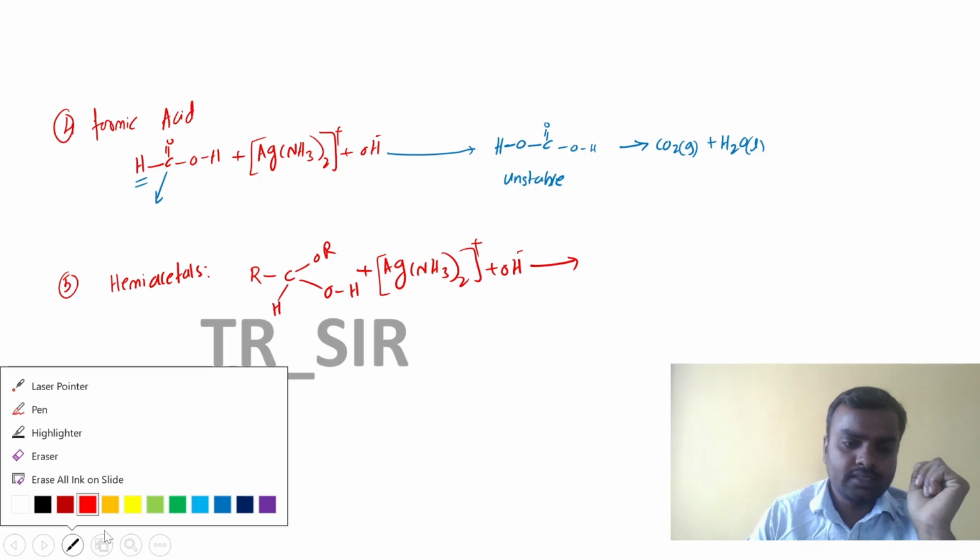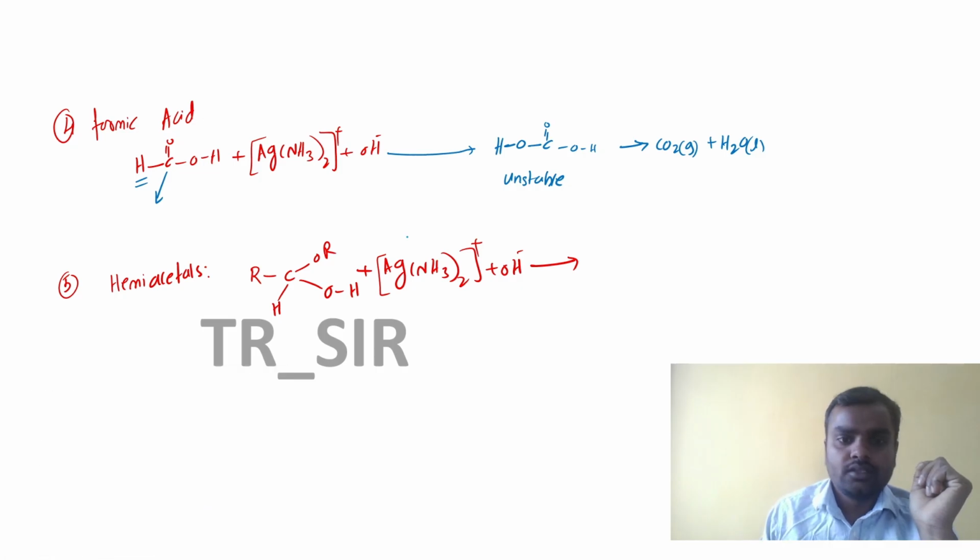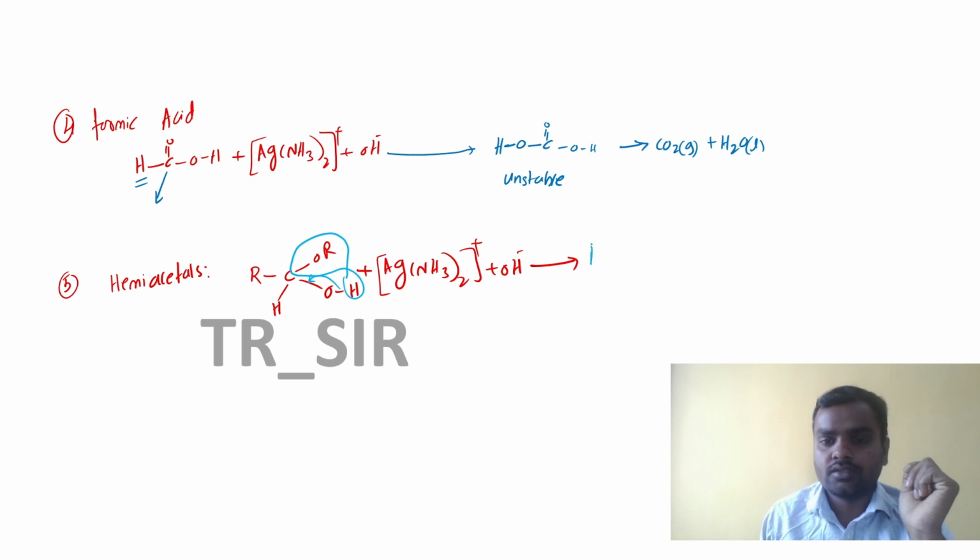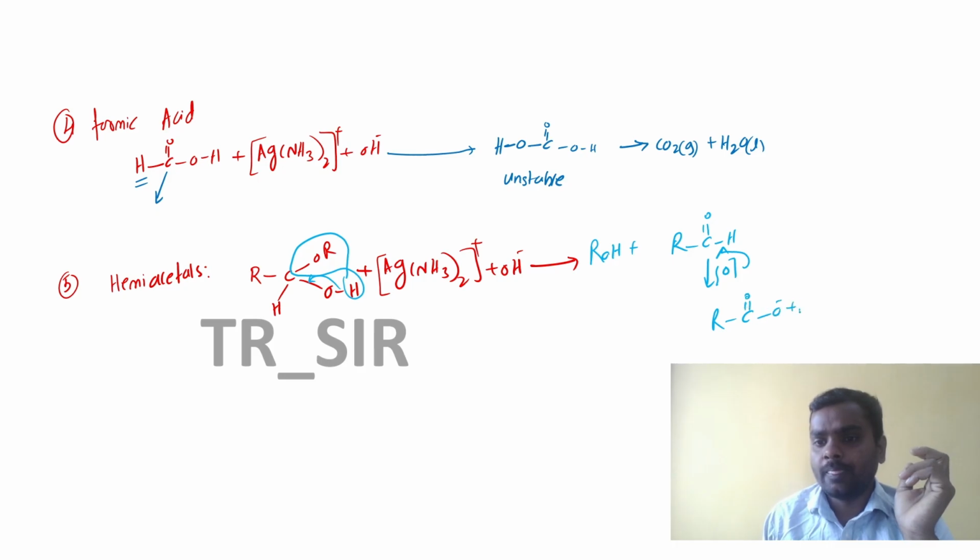How does it take place? Look here: this sigma bond converts here and this moves like this, so an alcohol forms along with R-CH=O. See, we got aldehyde again. Oxidation will take place again, so we get RCOO- plus silver solid precipitate.